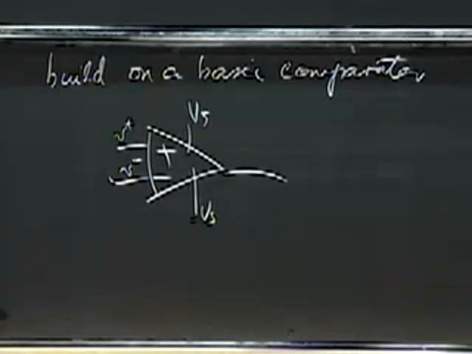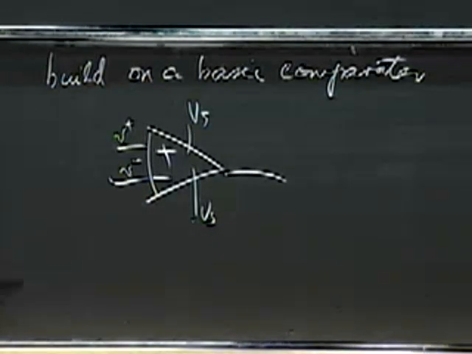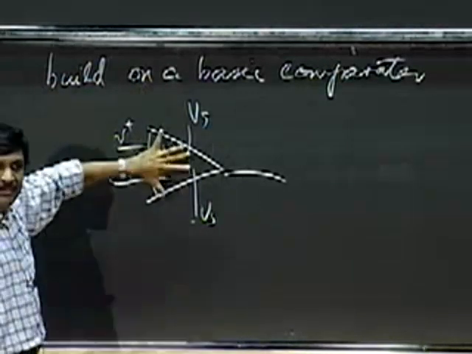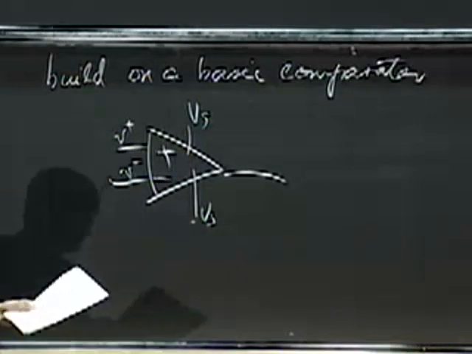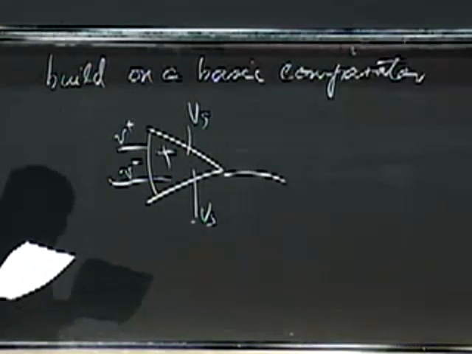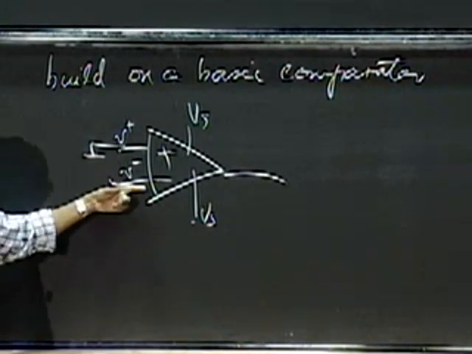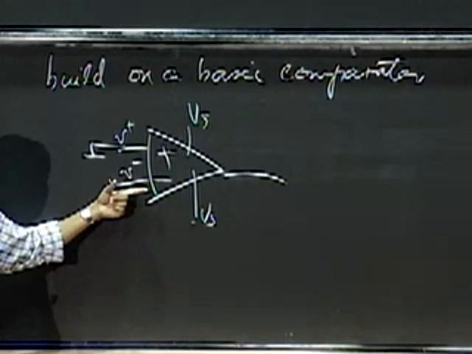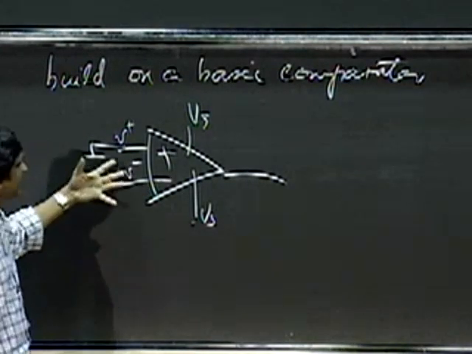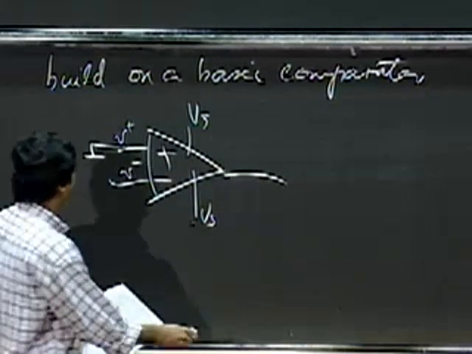I can build a very basic comparator by doing the following. All the circuits I'm going to show you are going to build on this basic little circuit. So what I'm going to do is consider applying some sort of an input to the V minus terminal, and taking a look at how the output behaves.